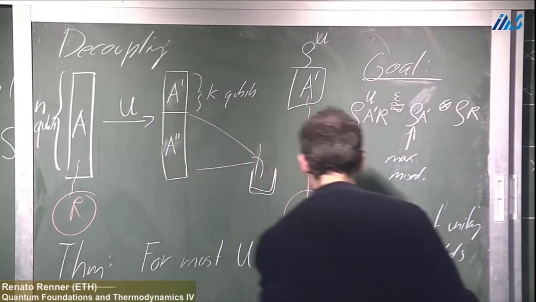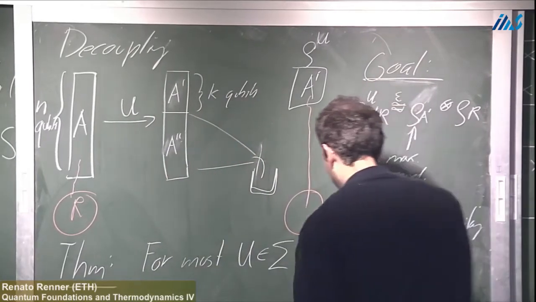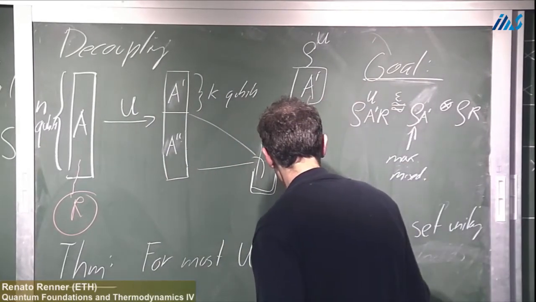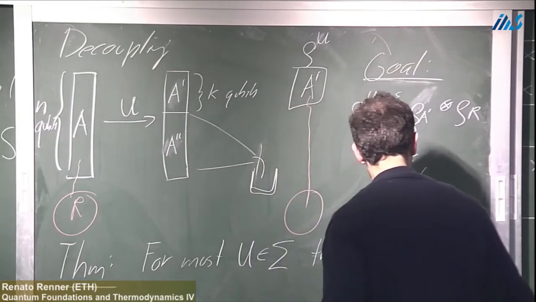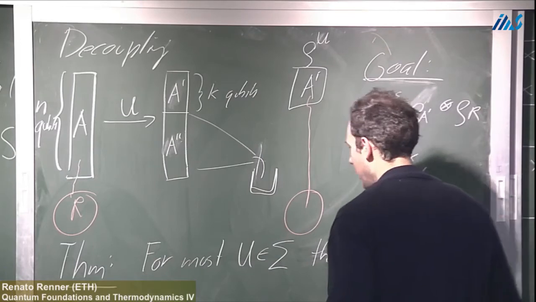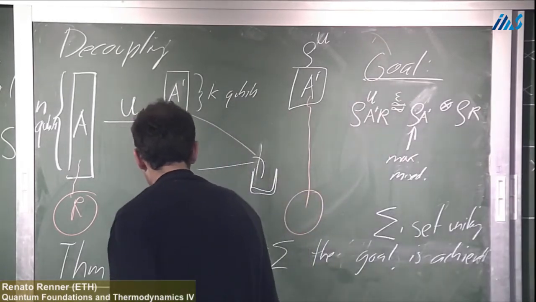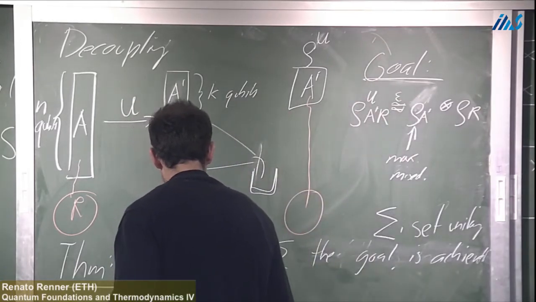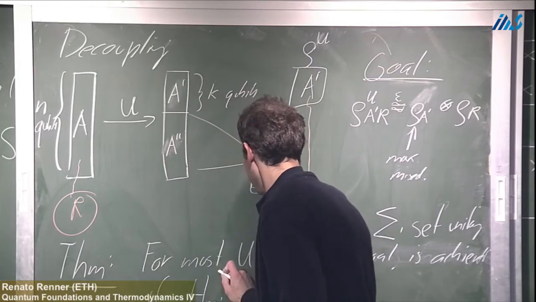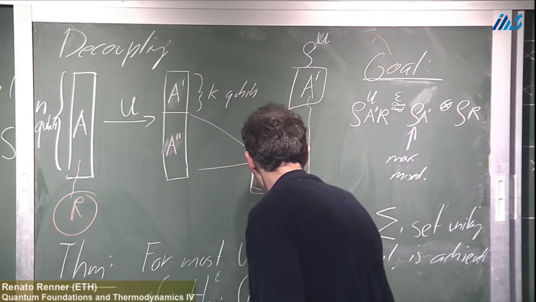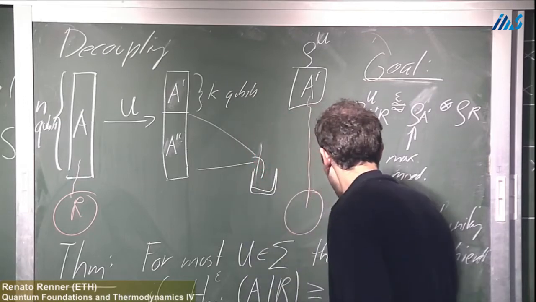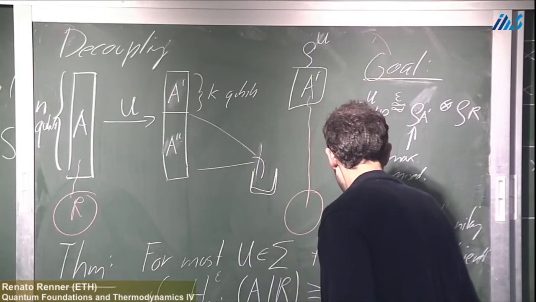For most U, the goal, which is described here, the goal is achieved, or decoupling is achieved, if the entropy of the initial thing, of A given R, is larger than something, namely larger than 2k minus n.